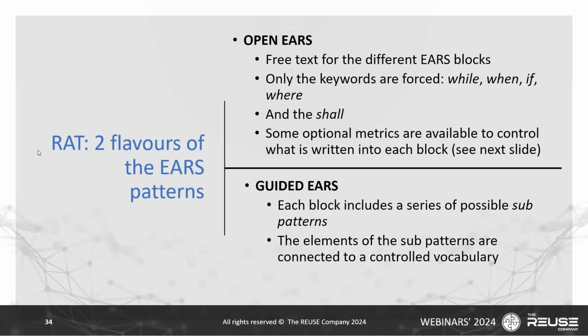In order to be a little bit more strict, we have implemented a series of different metrics to check things like, after the SAL, I don't want to find any ES keyword, or I don't want to find any additional modal verb, or we could force that after the SAL there is at least the name of one entity in our data dictionary. So these kinds of metrics are implemented. So this is the open ES.